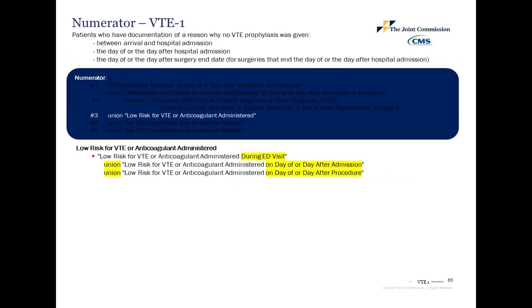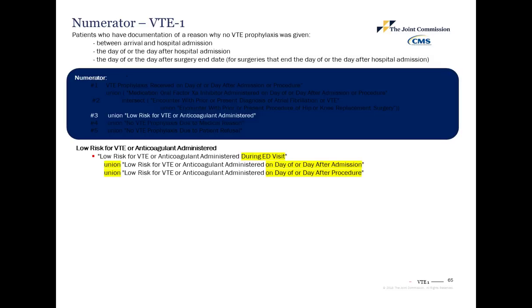Moving into the third numerator condition, we transition the focus now to patients who have a reason for no VTE prophylaxis. This condition of low risk for VTE or anticoagulant administered is unioned into 3 definitions using 3 timing conditions.